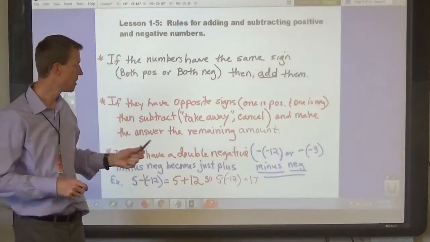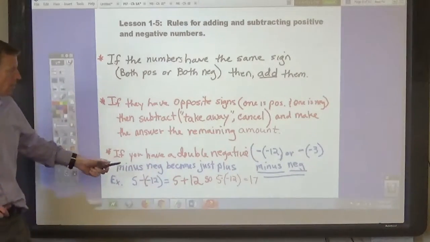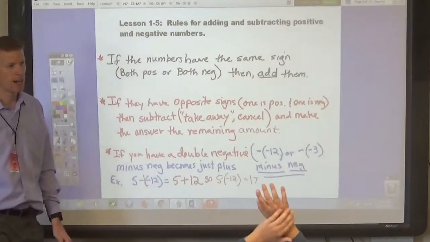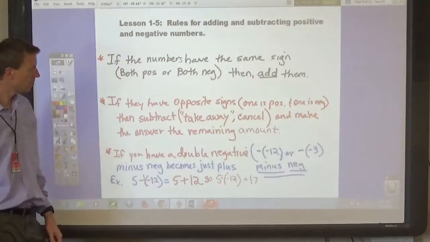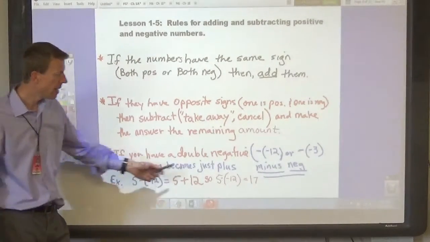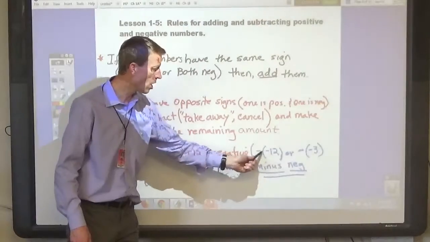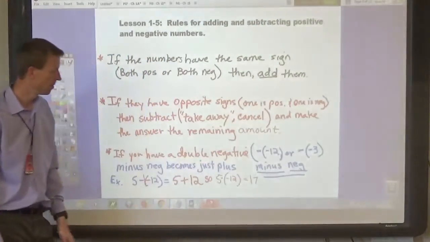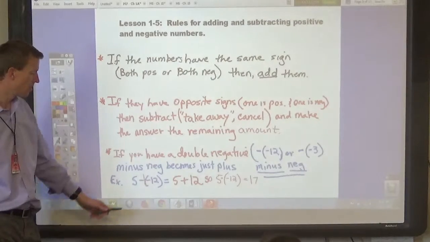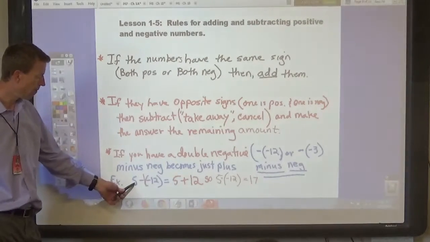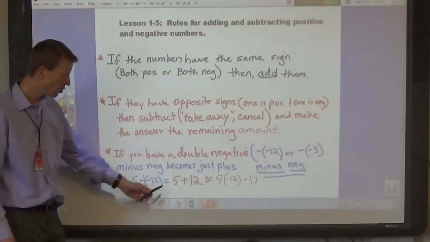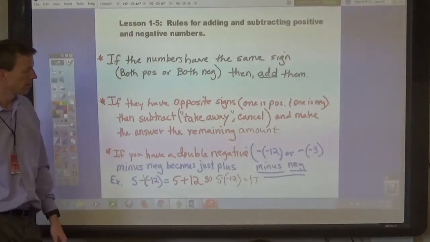We'll look at some examples of that. What if you see a double negative? Minus, minus. Yep, they cancel each other out. Minus negative becomes just plus. So an example like 5 minus negative 12 just changes to 5 plus 12.